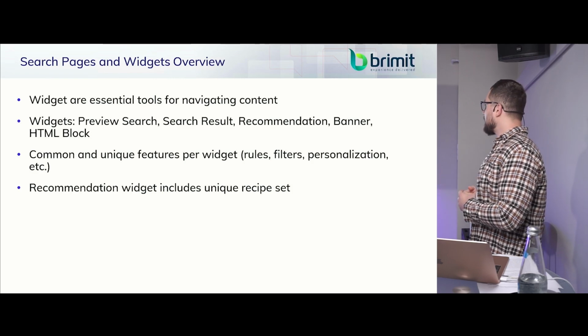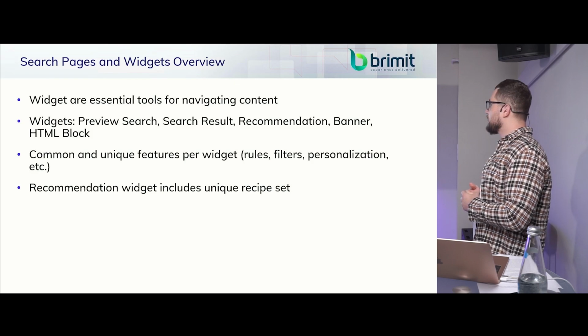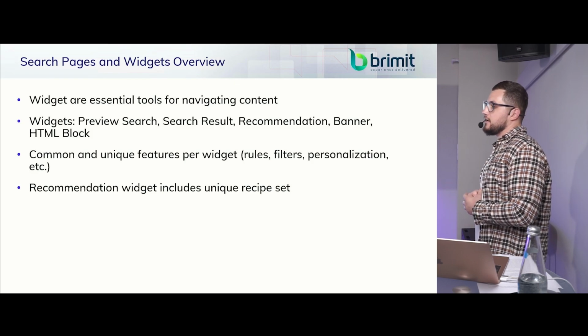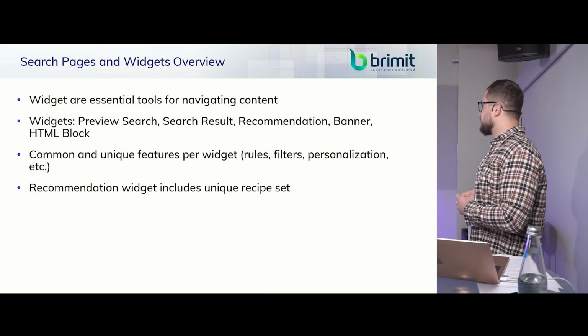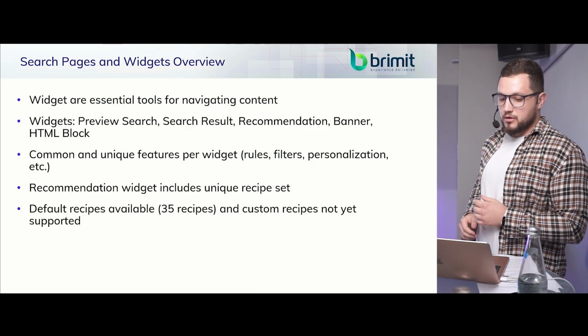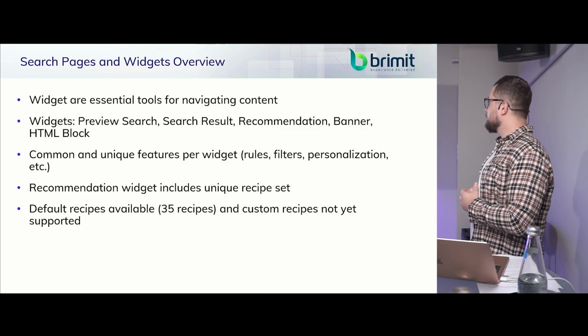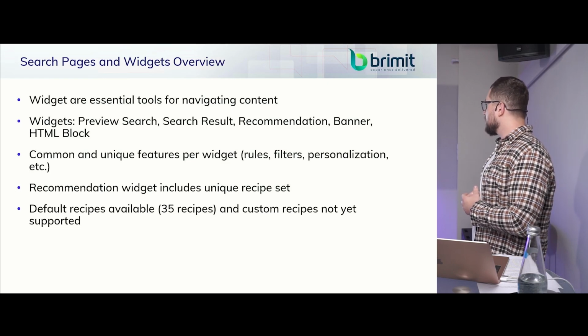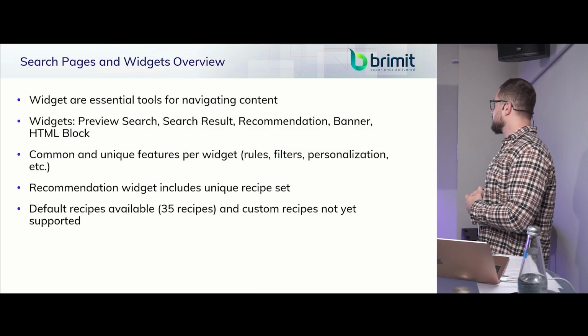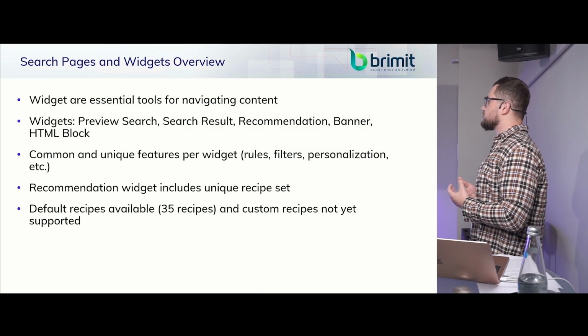When we set this up, we can, for example, show only items which were recently added, or the most popular items, and others. In Sitecore, by default, you have 35 recipes available, and unfortunately, custom recipes you cannot create.